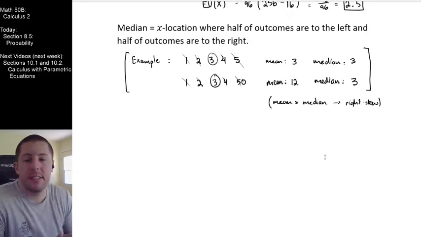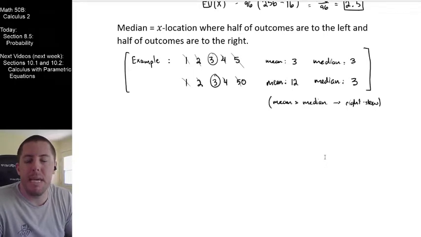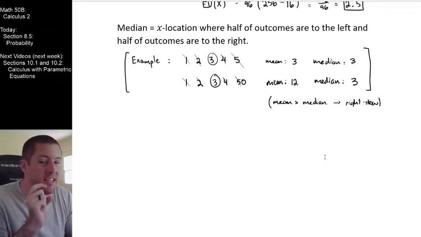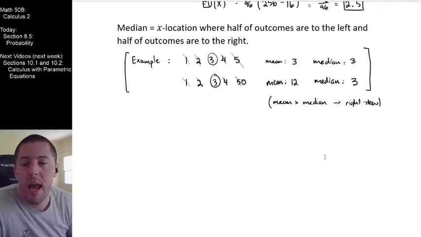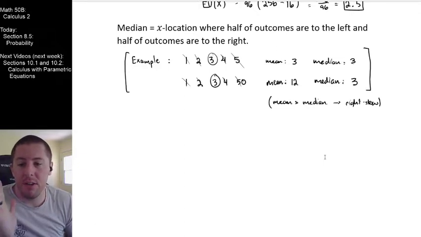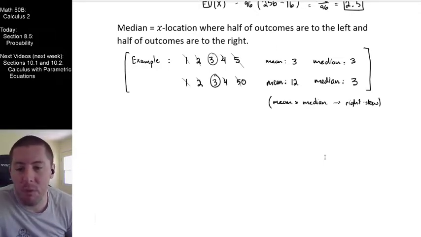So what this is saying to me is that to find my median for a continuous distribution instead of these discrete distributions, we want to say, how far in our x values should we go to get to the halfway point?